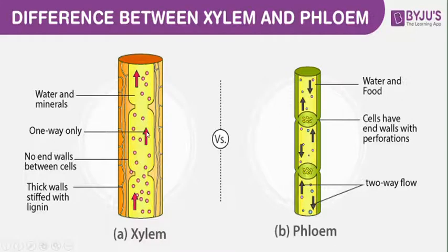So it's unidirectional, a single direction, but phloem has two or multiple directions to flow sugar or food. Phloem transports water and food, mainly sugar, to other parts of the plant.